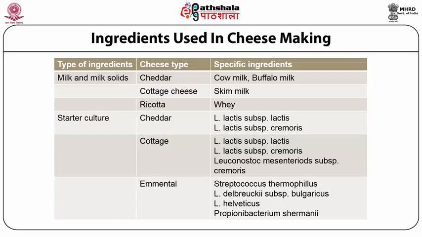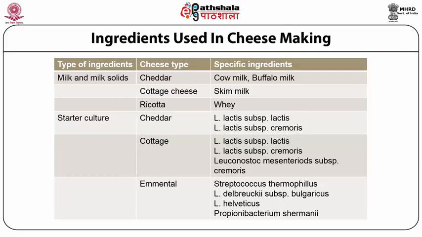Second, for the cottage cheese variety, again we use a mesophilic culture, a mixture of maybe 3 cultures such as Lactococcus lactis subspecies lactis with Lactococcus lactis subspecies cremoris as well as Leuconostoc mesenteroides subspecies cremoris.